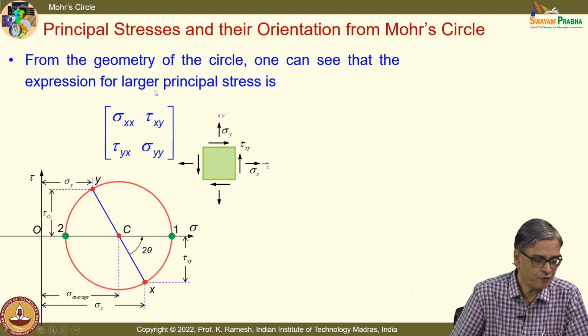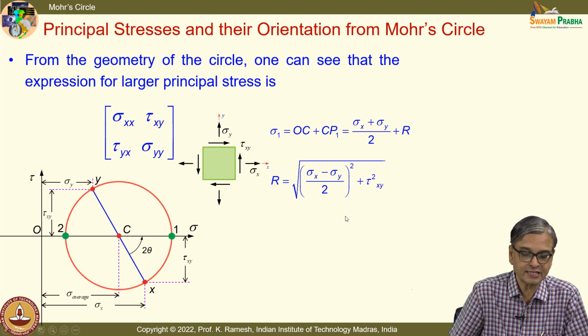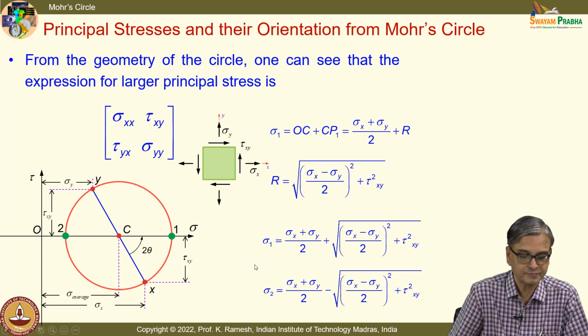And it is straightforward from the diagram. I have sigma 1 as sigma x plus sigma y by 2 plus r, and you can also find out the expression for r, and we have an expression for sigma 1 and we have an expression for sigma 2.